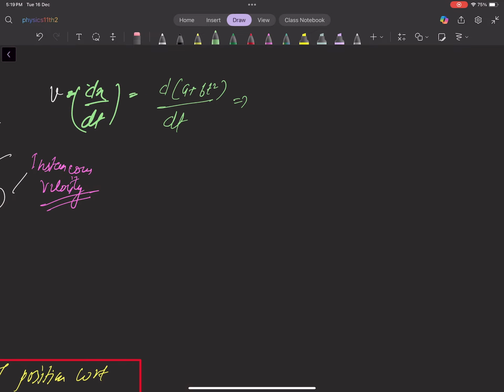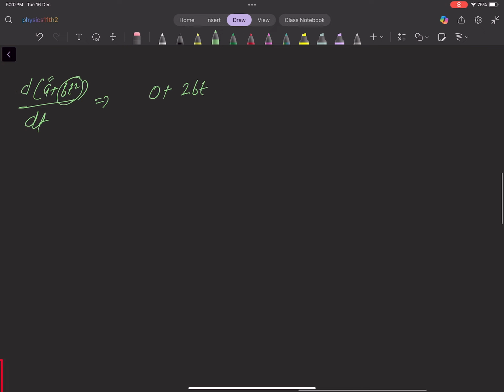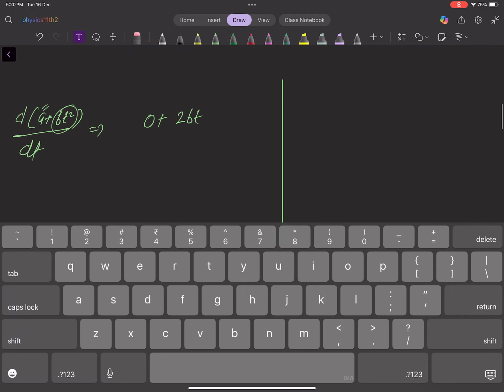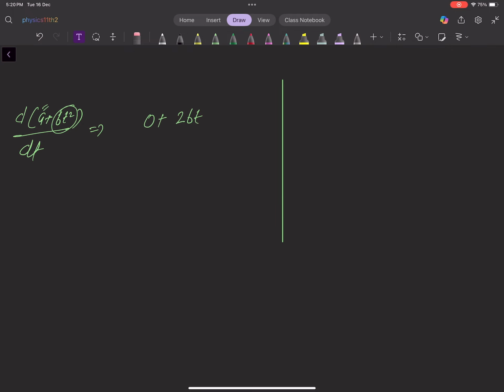The differentiation of a constant is 0, and for bt square it is 2 into bt. How are we getting this? We are using the identity d by dx of x to the power n equals n into x to the power n minus 1.